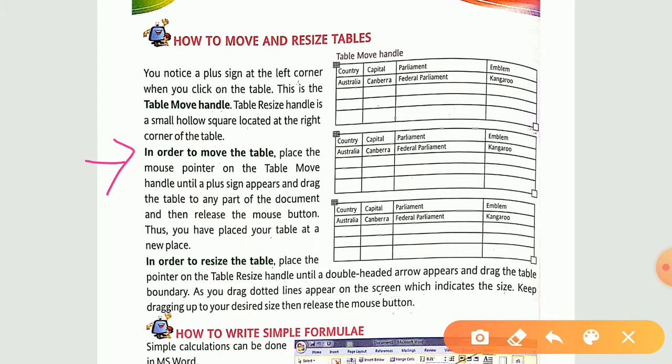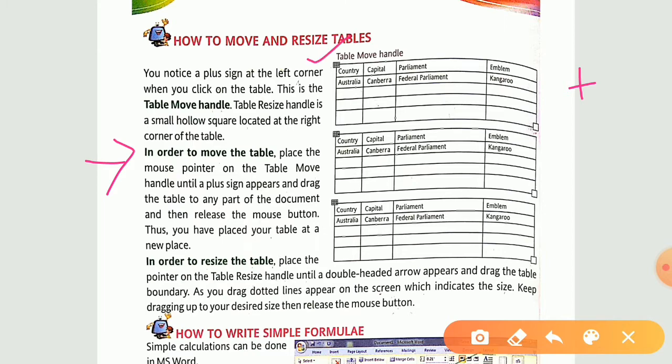When you take your cursor over this move handle, you would be able to see this kind of plus sign. When you see this plus sign, with the help of your mouse you just drag the table to any part of the document in your Word file wherever you want to keep that table. So this is about your table move handle.